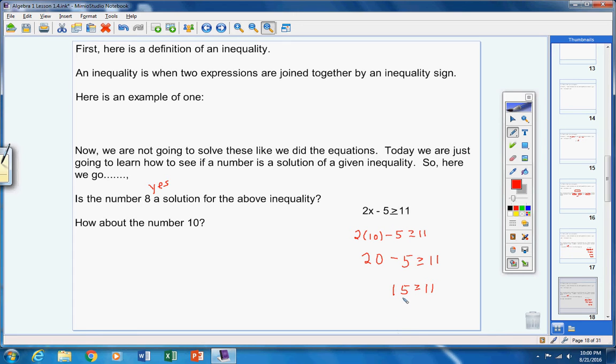Is that true or false? Well, sure it is. That's true. 15 is greater than 11. So, yes, 10 is a solution.